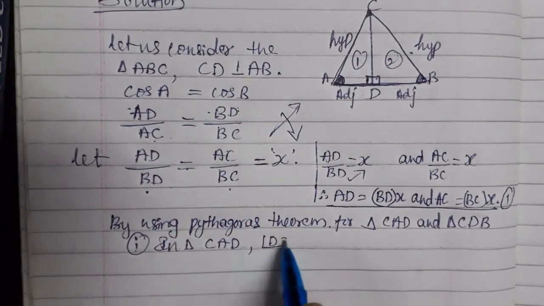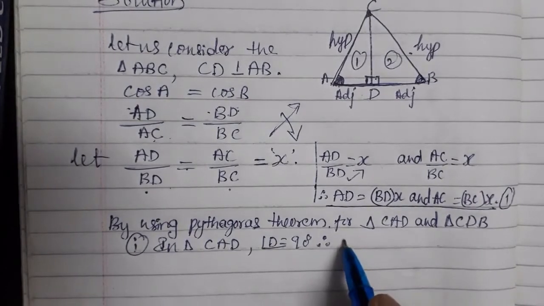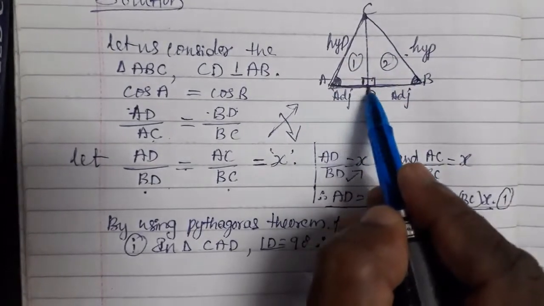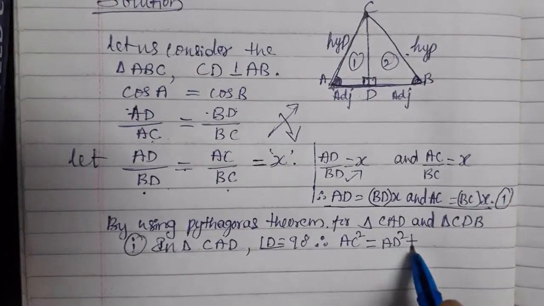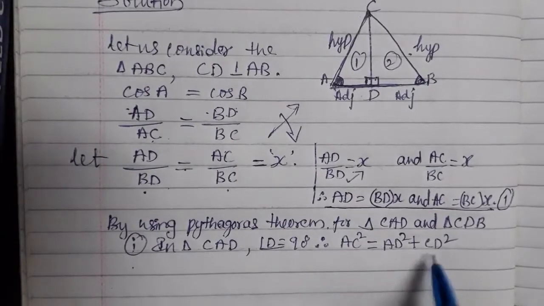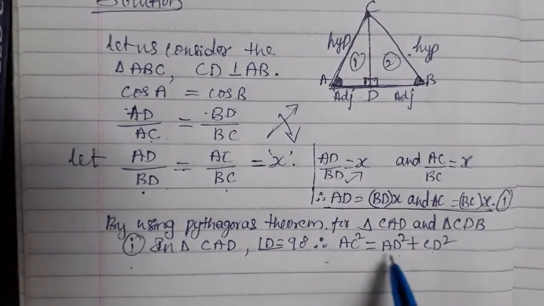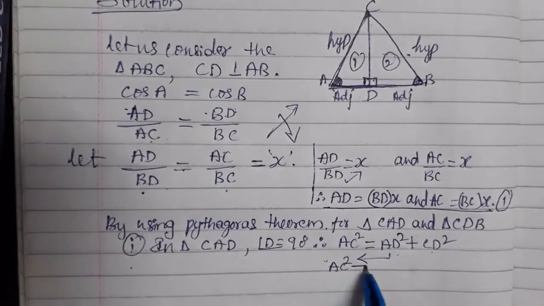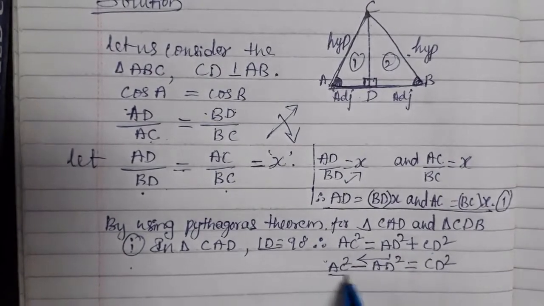You can notice angle D is equal to 90 degrees. Therefore, according to Pythagoras theorem, AC square is equal to AD square plus CD square. Because CD is common to both triangles, I will find CD square, so I shift this AD square here. So AC square minus AD square is equal to CD square.